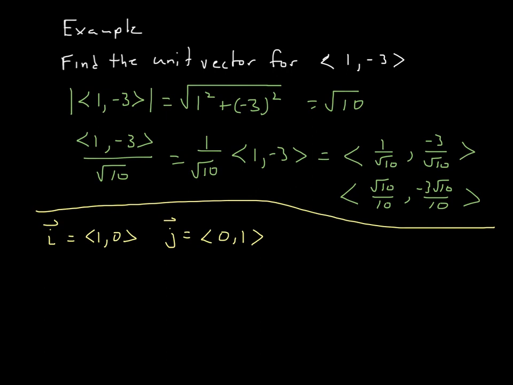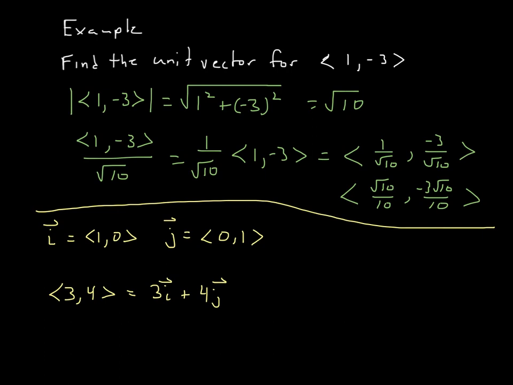What that does for us is give us an alternate way of writing a vector. For example, the vector 3, 4 is going to be 3i plus 4j.